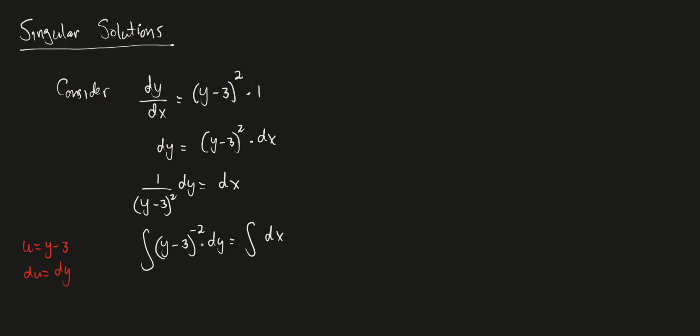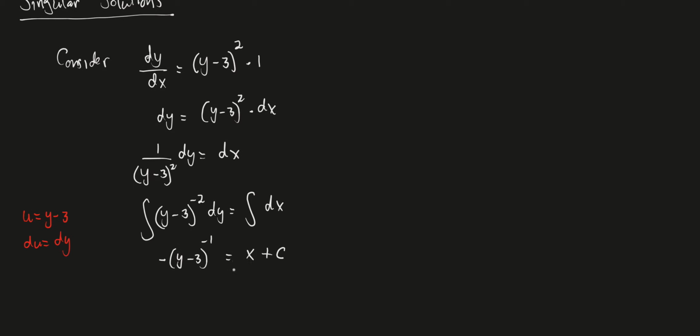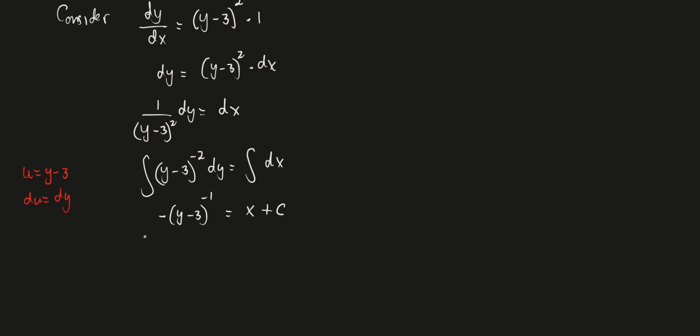As we integrate this, we add 1 to our power and divide by our new power. So we'll get negative the quantity (y minus 3) to the negative 1. And on this side, we'll have our x plus c. Let's see if we can write this general solution in explicit form.